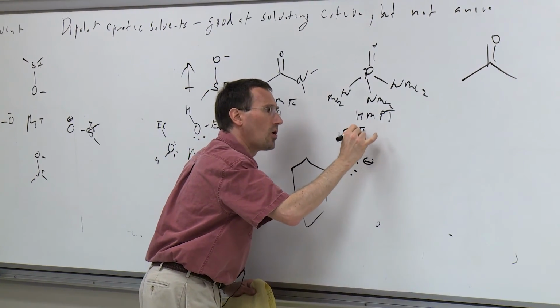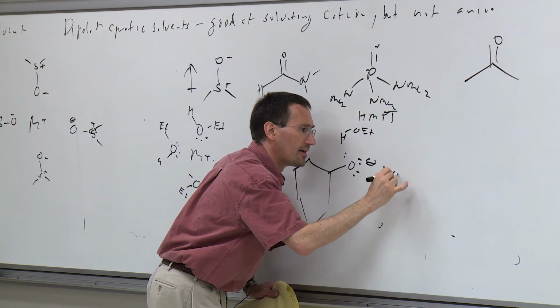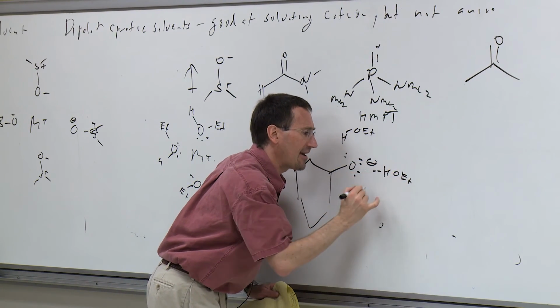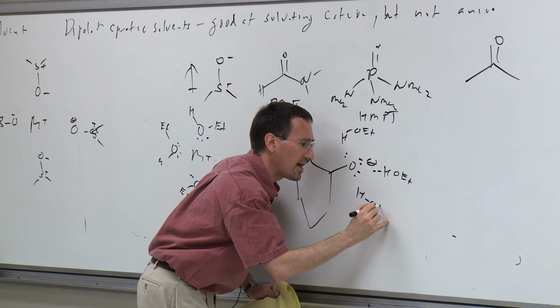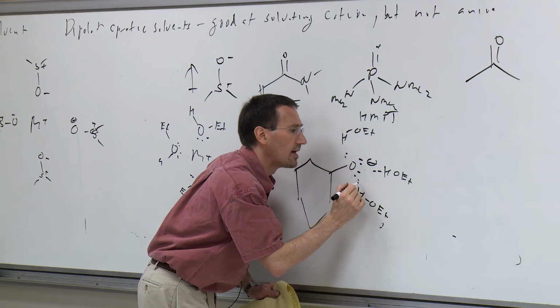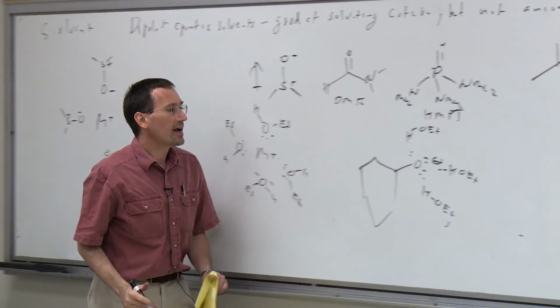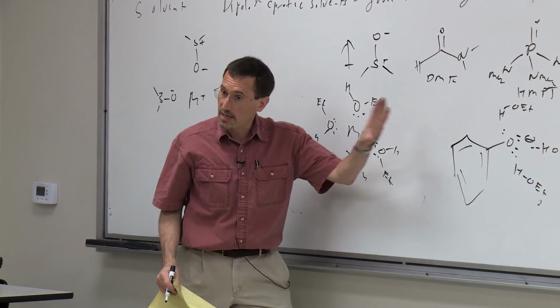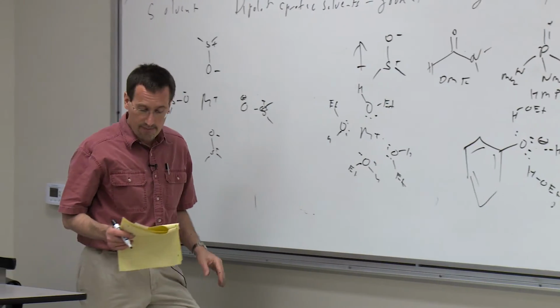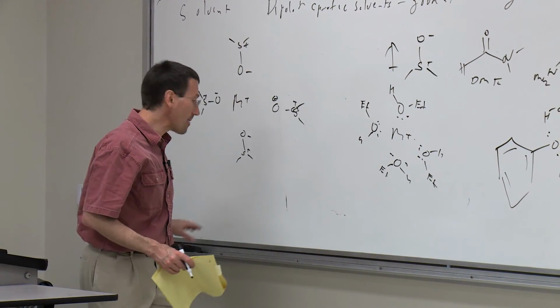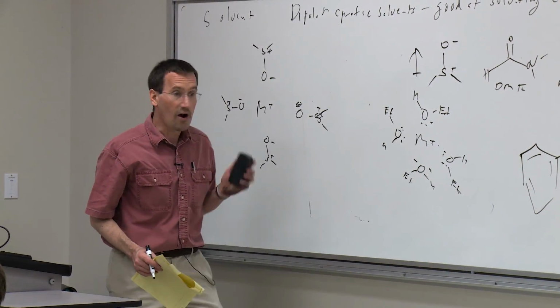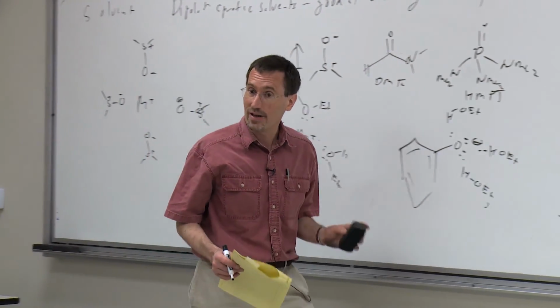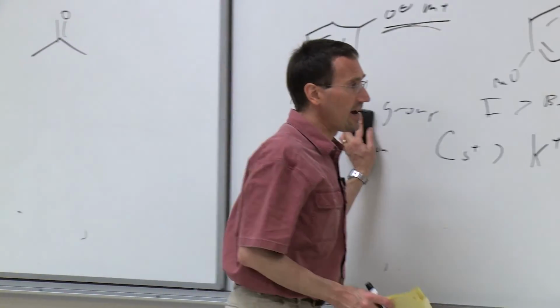And remember, our goal was to get the anion naked, so it is available to react, not tied up. If you've got an alcohol solvent, it ties up the anion and makes it less nucleophilic. Dipolar aprotic solvents are good at solvating the cation and leave the anion available.